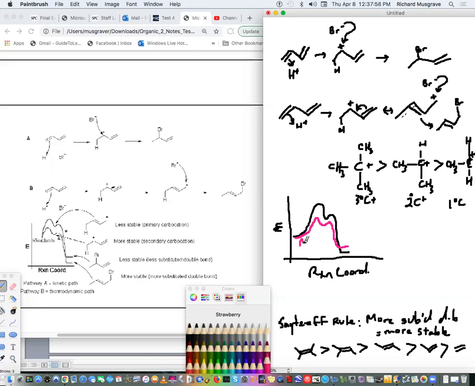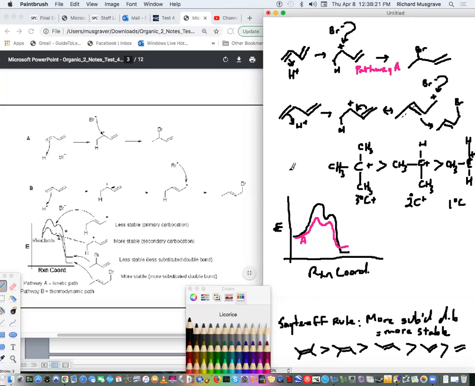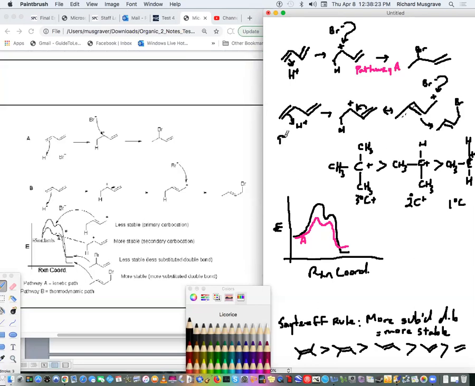So this is pathway A. The pink one. And this is pathway A up here. And the black one is going to be pathway B.